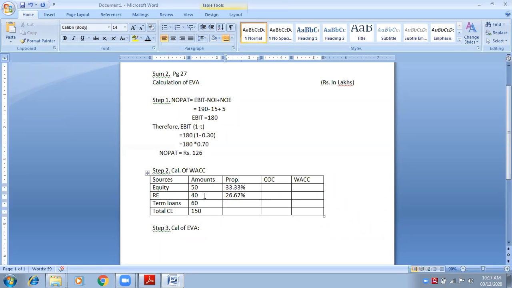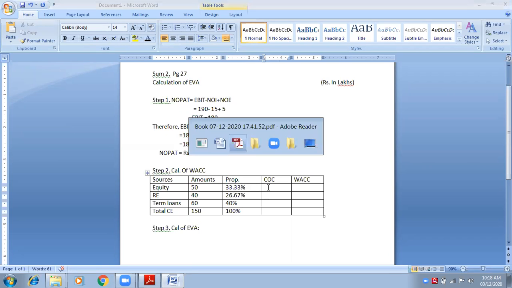All the figures will be divided by 150, the total capital employed. So 60 by 150 into 100 is 40%. So in all, it would be definitely 100%.